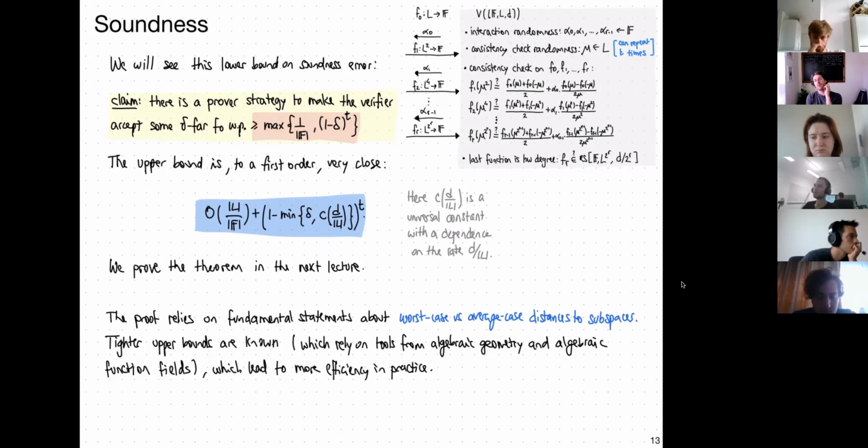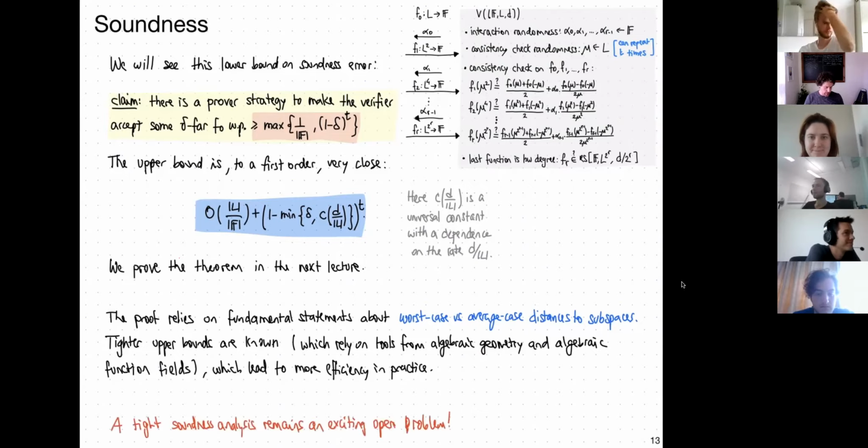So if, like me, you're a big fan of the Riemann-Roch theorem, you can have a lot of fun and use some pretty nice math while doing so. And just to mention that getting a tight analysis of the soundness is quite an exciting open problem with important implications both in theory and practice.